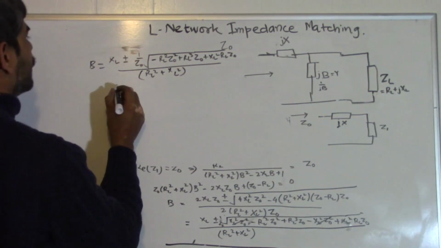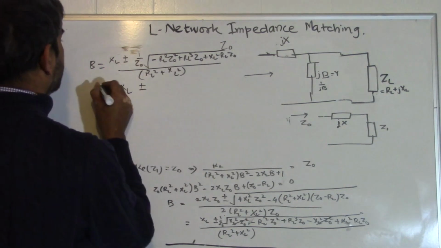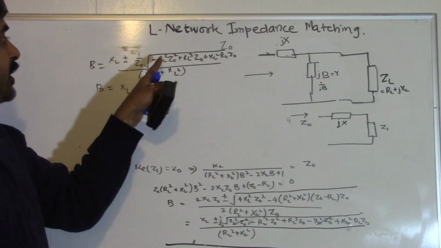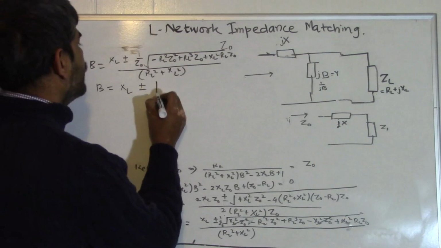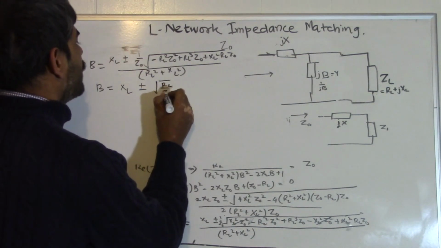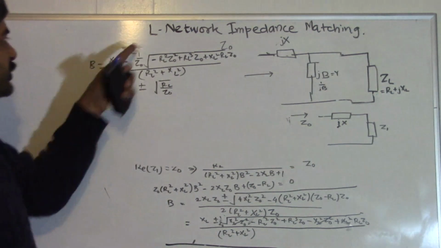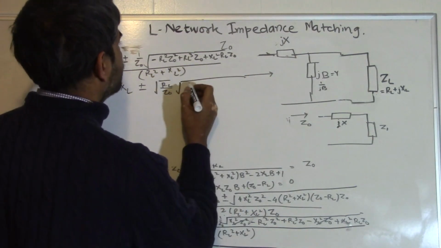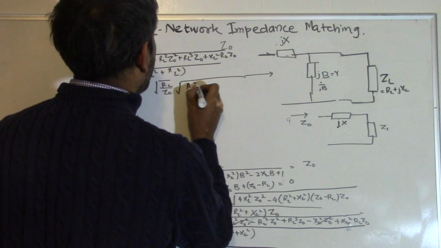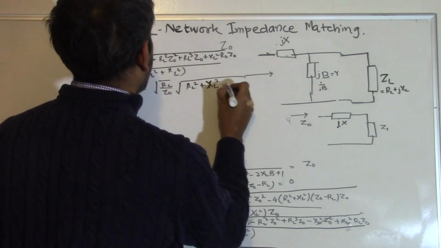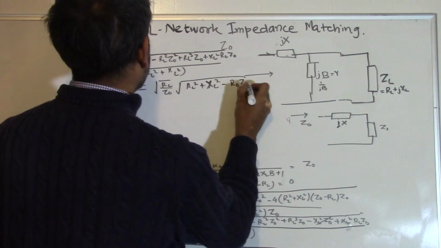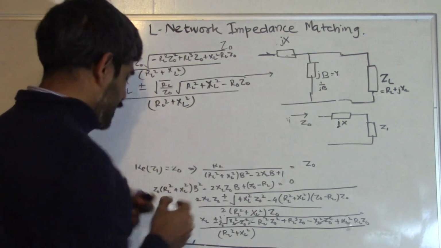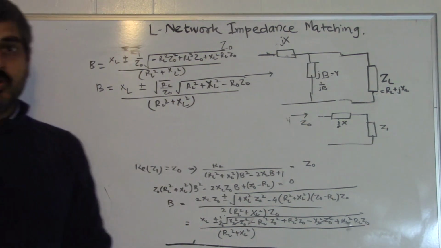If you simplify it a little bit, you get XL plus minus, taking Z0 common from here and also RL common, the square root of RL divided by Z0. Taking Z0 common, the square root of Z0 cancels with this, and you get the square root of RL square plus XL square minus RL Z0 divided by RL square plus XL square. That is the expression for B naught which we can use for our calculation.